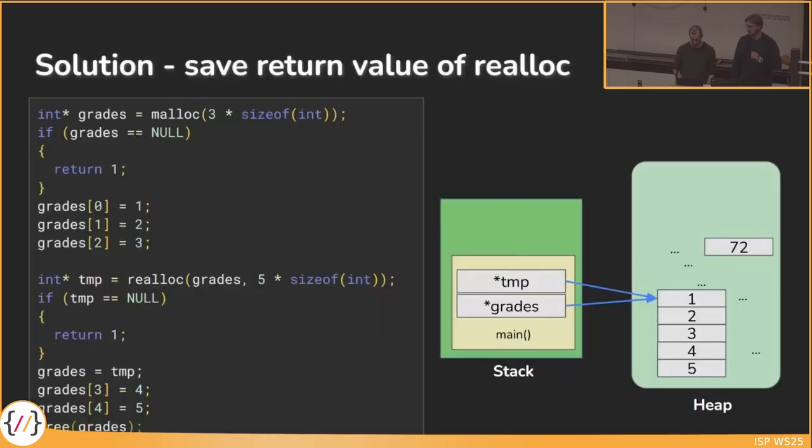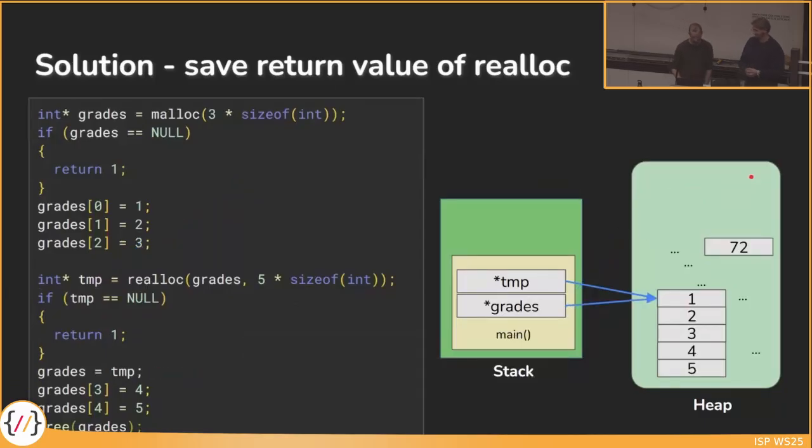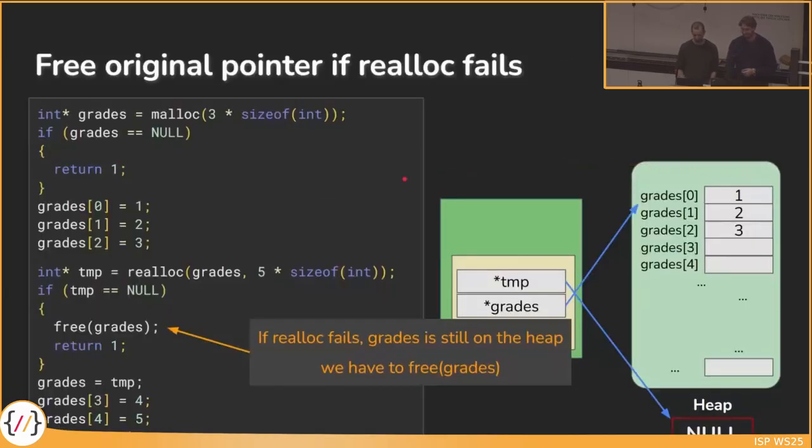Because when we go back here, this grades points to this one here, but if this temp does not work, so if this realloc does not work, it cannot find a memory location, but it does not free the old memory location. So we have to manually free our grades in this case, because otherwise we have again memory leaks.